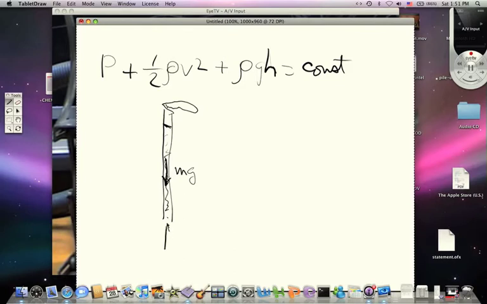Down at the bottom you still have atmospheric pressure, so to make it balance, the pressure up on top has to be less than the pressure down below. In principle it could be a vacuum, but essentially it has to be lower than atmospheric pressure. The force pushing down on the top has to be less than the force pushing up at the bottom, and that exactly supports the weight. This is why we talked about it before.